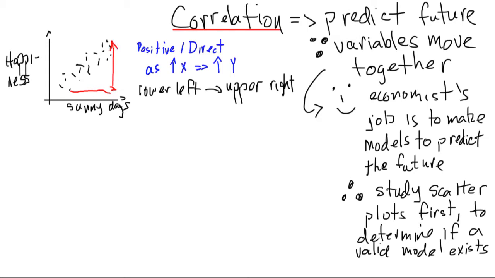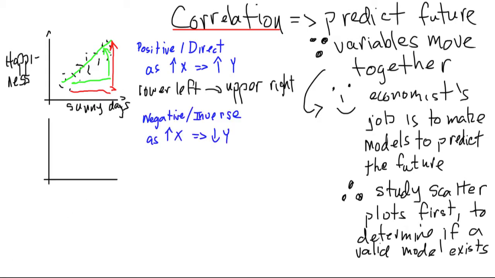This is how we generally see a positive or direct relationship between two variables. We usually draw it as a straight line going from the lower left to the upper right in the first quadrant, or it slopes up.